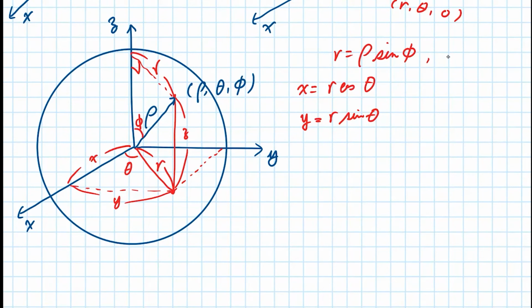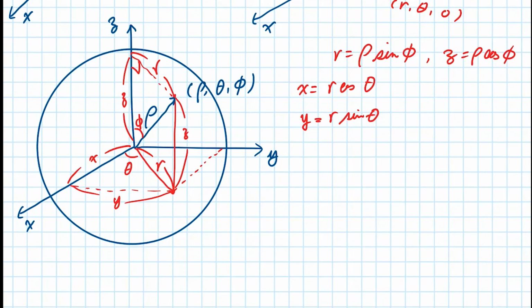And do you also see that Z is equal to rho cosine phi? Remember, Z is this thingy. Do you see that triangle, or do you want me to sketch that triangle separately?